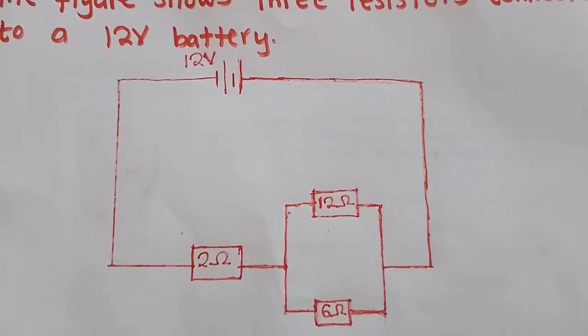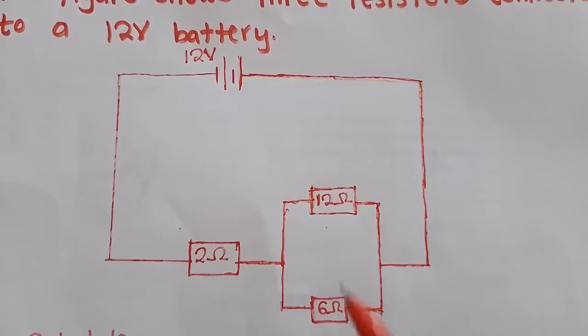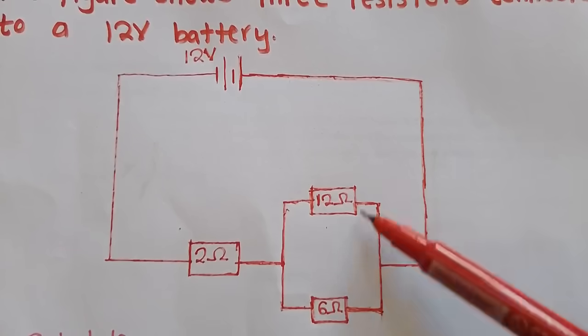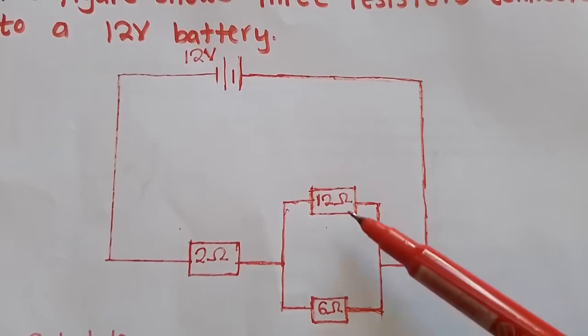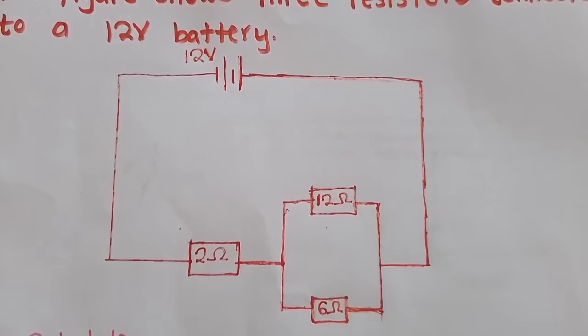You are going to write the formula. Whenever you have two resistors in a circuit, there is a short formula we get to use, apart from the general formula used for resistors connected in parallel.